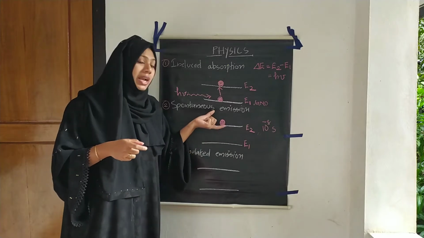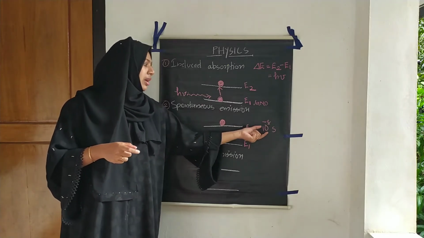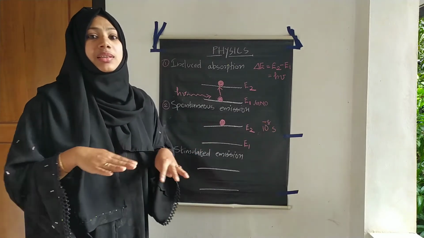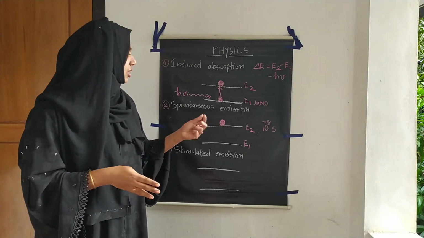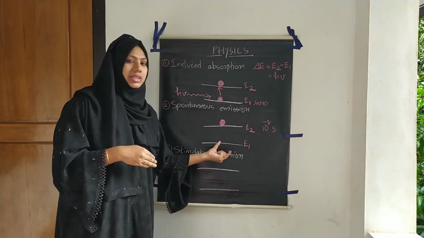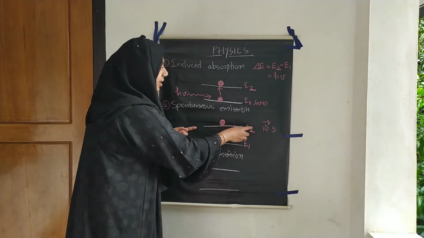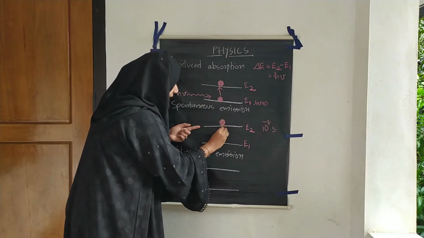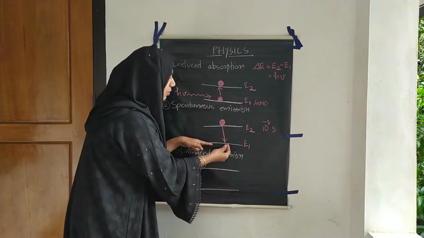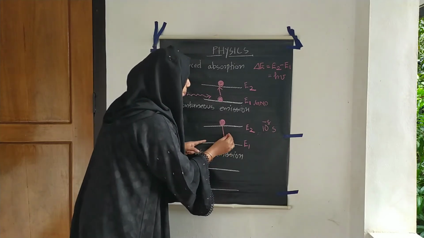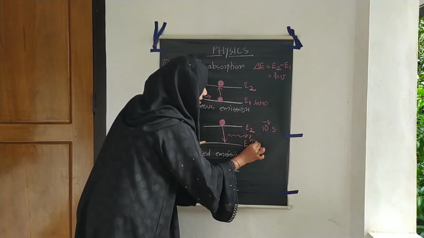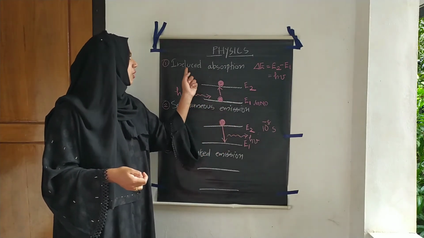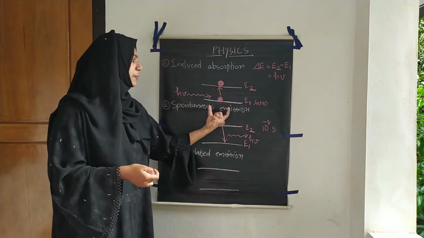So obviously, when an atom is in its higher energy state, in 10 raised to minus 8 seconds it gets de-excited, having lost its stable equilibrium state, and it returns to the ground state. The excited atom jumps down to its ground state by releasing a photon of energy h nu, the reverse of induced absorption, and that is called spontaneous emission.